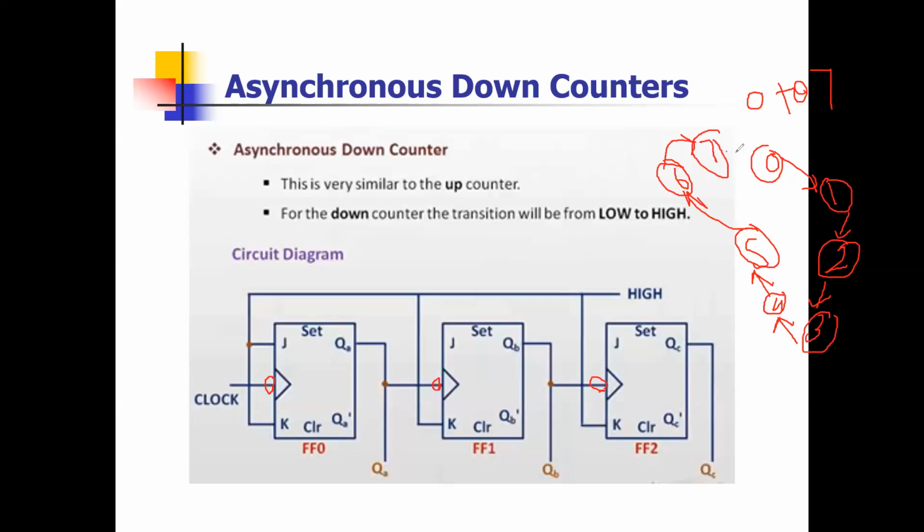After 7 it goes to 0. Clear? So 0 to 7. This is called an up counter.